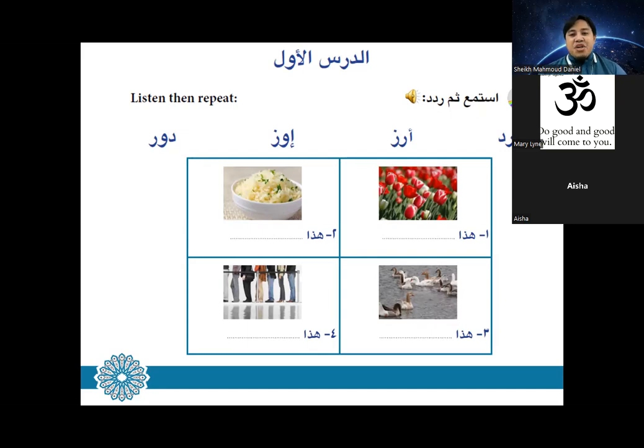The first word, ward. The audio said ward, but you can also say wardun. This is waw that has fatha.